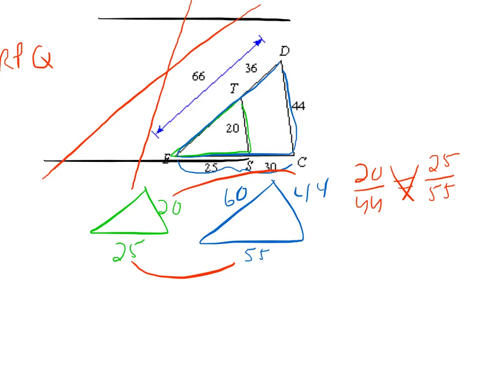If I cross multiply, I should get the same thing. So 44 times 25, does that equal 20 times 55? And if you calculate that out, you actually get 2,750 and 1650. They are not equal, so no. And this ends part 1 video.